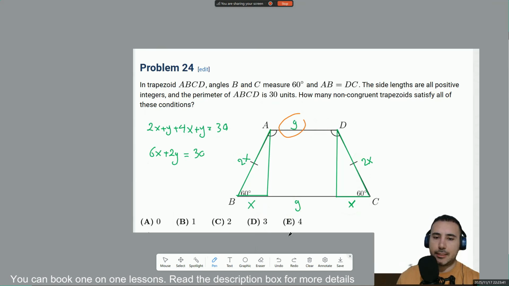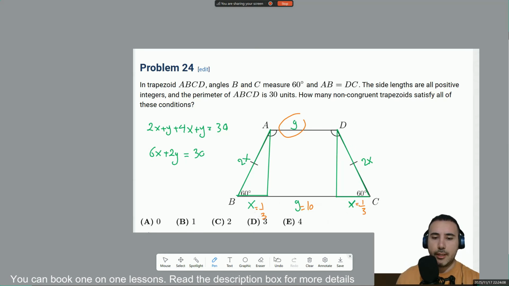If this one is an integer, like for example, 10, can x be 1/2? Yes, because now the total one will be 11. So x can be 1/2 things, but can it be 1/3? No, because now 1/3 plus 1/3 plus 10 is not an integer. It's not a whole number.